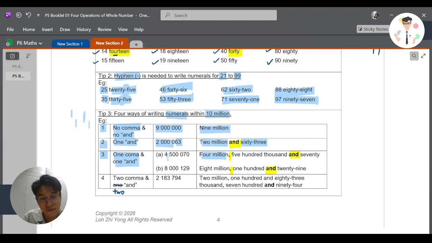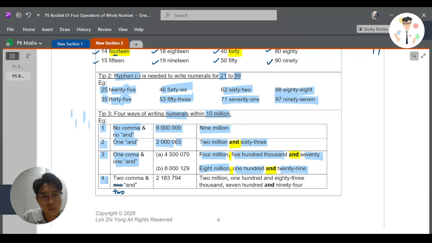As you can see here is million, right? 4 million, 500,000, and 70. And again, because it's long, I need something to connect them together, like this comma, to make it clear: 4 million, 500,000, and 70. So here will be what? 8 million, comma, 129. Okay, so you can see 1 comma, 1 "and".